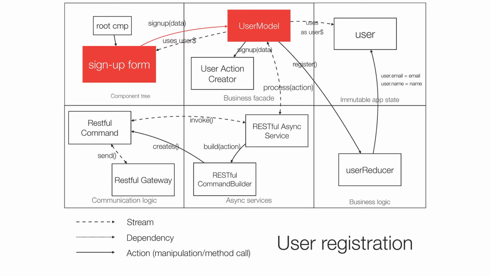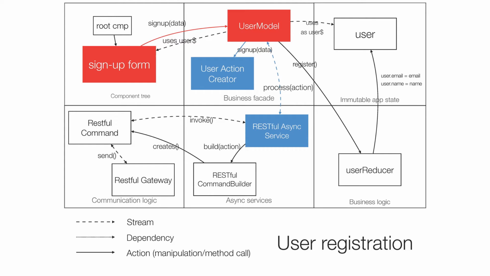This means that the sign up form control is going to invoke the user model by calling its method sign up with the specific piece of data, which is the actual payload required for user registration. Using an action creator, the user model is going to create a new action, and it is going to pass the action to the RESTful asynchronous data service.